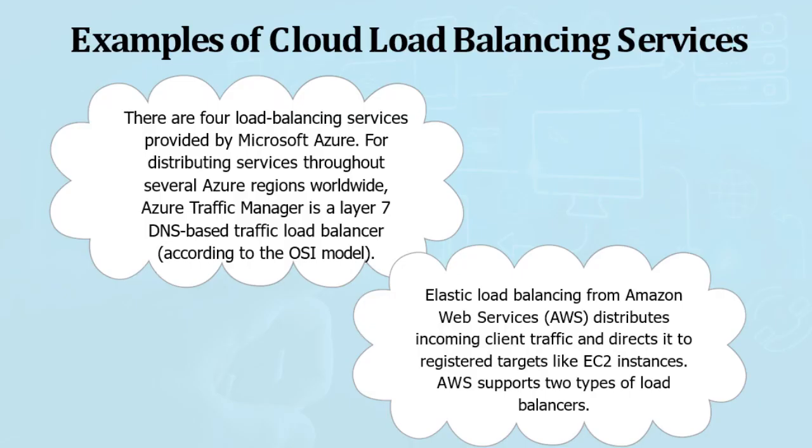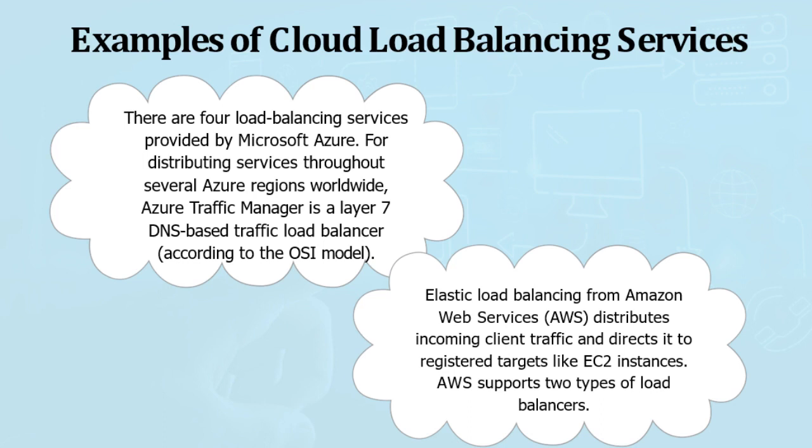Next, we are discussing examples of cloud load balancing services. The following are some examples of load balancing solutions offered by different cloud providers. There are 4 load balancing services provided by Microsoft Azure for distributing services throughout several Azure regions worldwide. Azure Traffic Manager is a layer 7 DNS-based traffic load balancer.